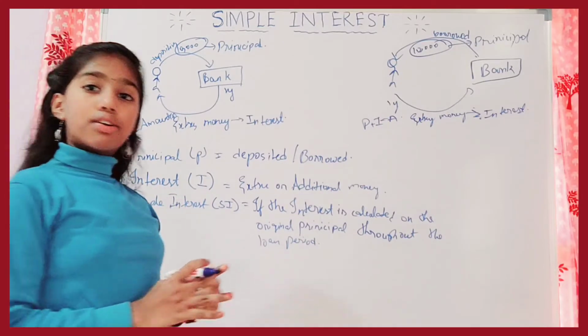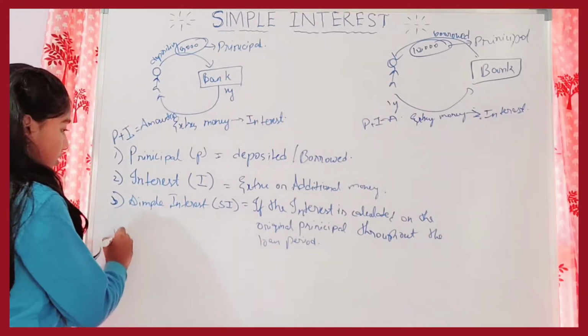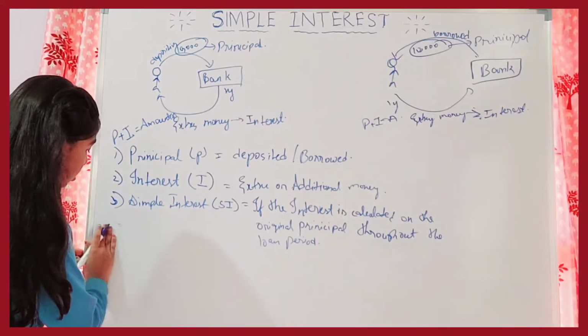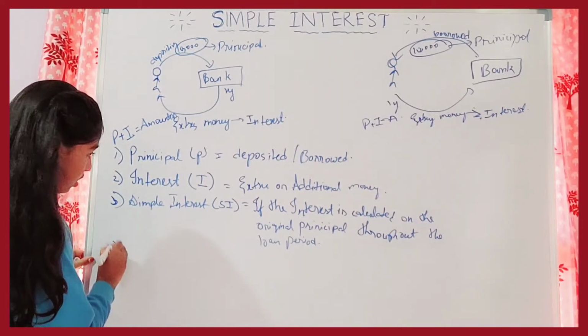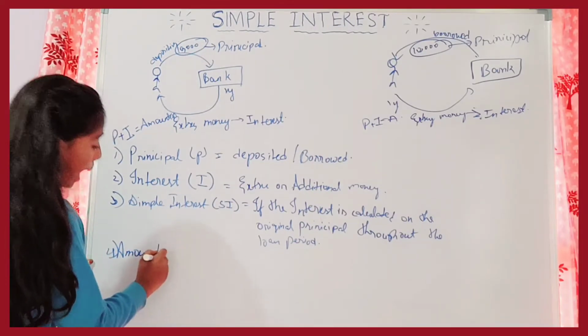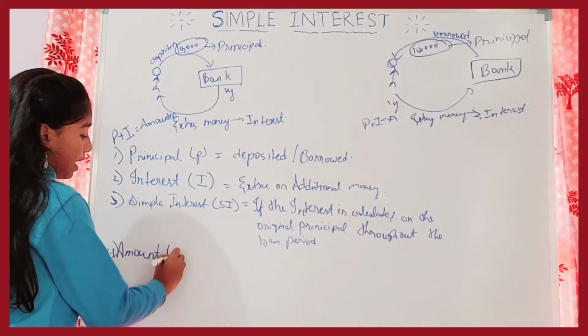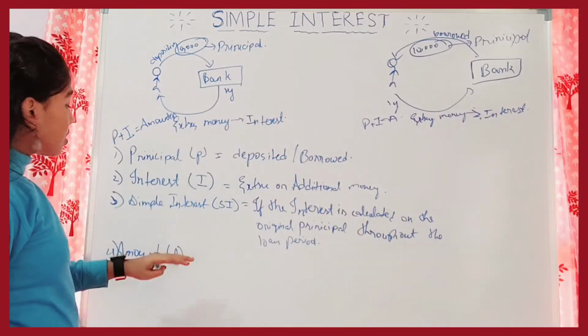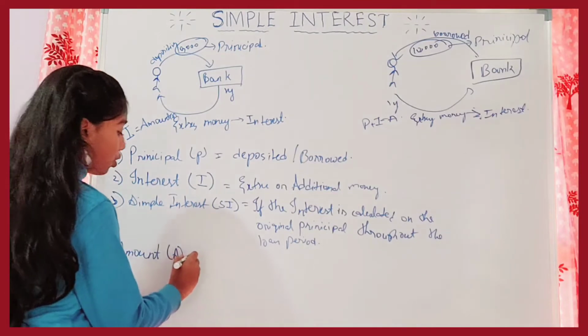Now let's go to the fourth one, that is amount. Amount is denoted by A. What is amount?